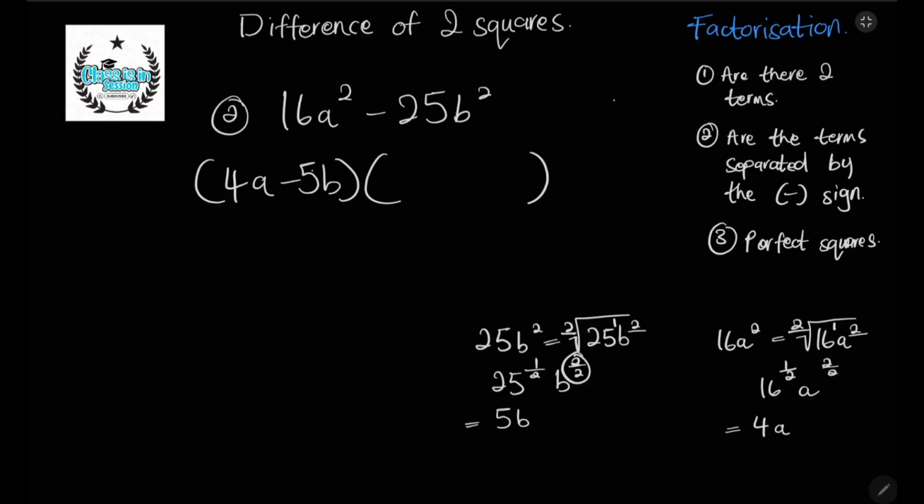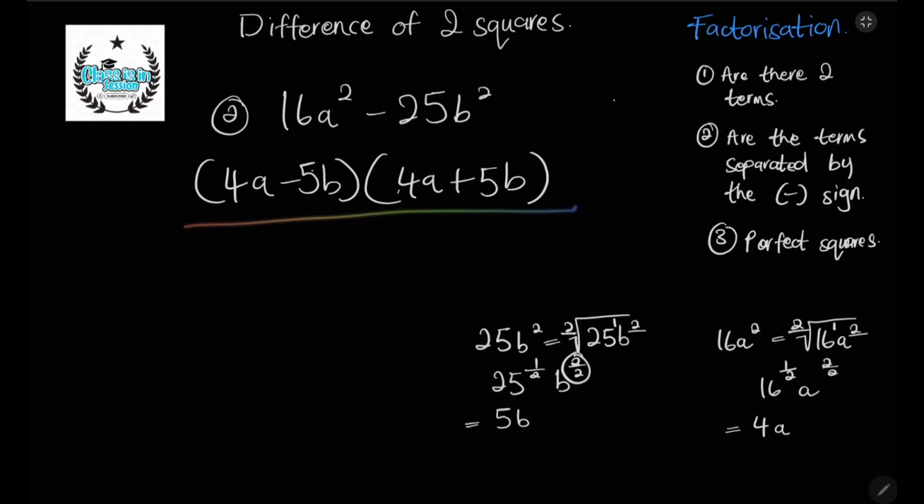Then in the other bracket, it's 4a, plus, remember you change the sign, 5b. So you should have 4a here and 4a there, 5b here and 5b there. However, the signs should be different. Whether it's a plus here or a minus there, it doesn't matter, as long as they're opposite signs. Therefore, your answer is 4a minus 5b times 4a plus 5b.